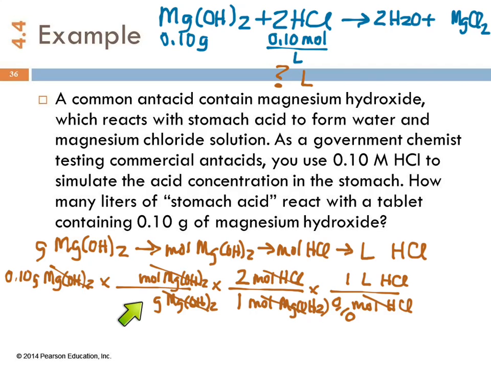Where do we get this guy? Molar mass, periodic table. Magnesium, 24.3, 5?